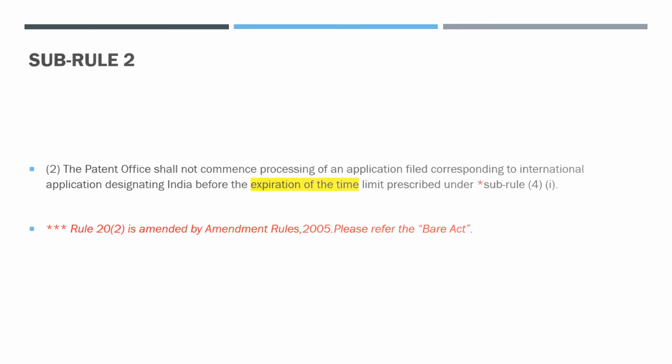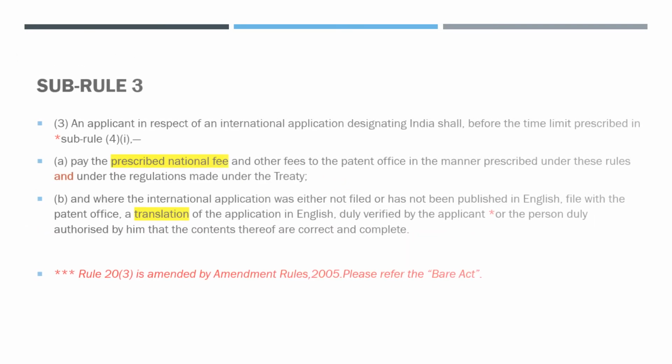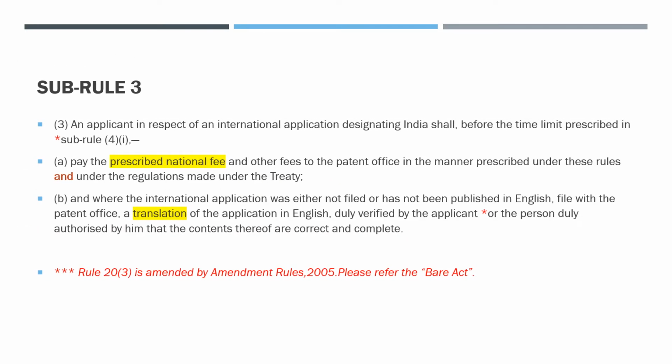Now is sub-rule 3. An applicant in respect of an international application designating India shall, before the time limit prescribed in sub-rule 4, clause 1, A, pay the prescribed national fee and other fees to the Patent Office in the manner prescribed under these rules and under the regulations made under the treaty.